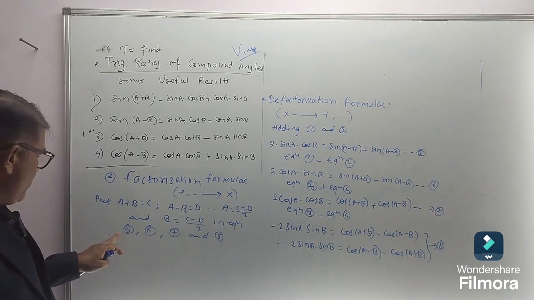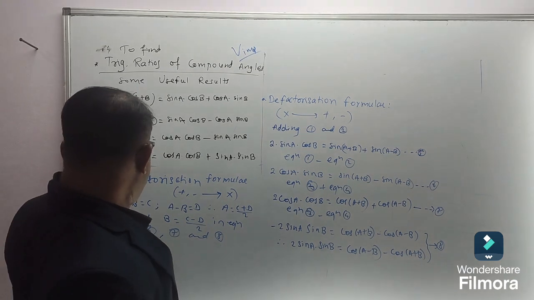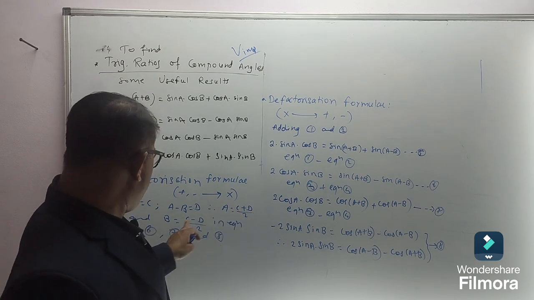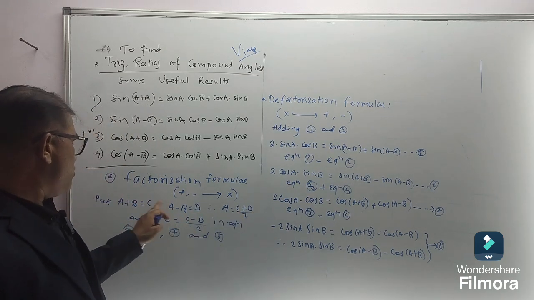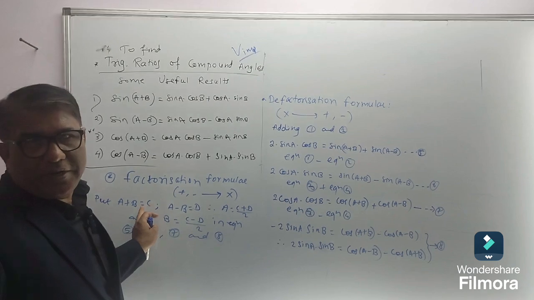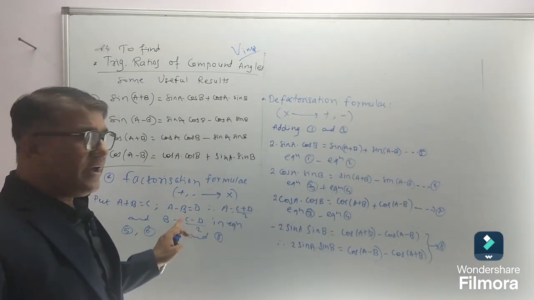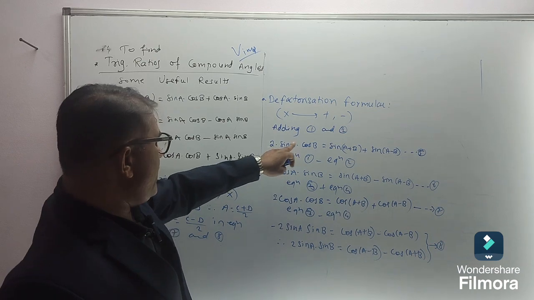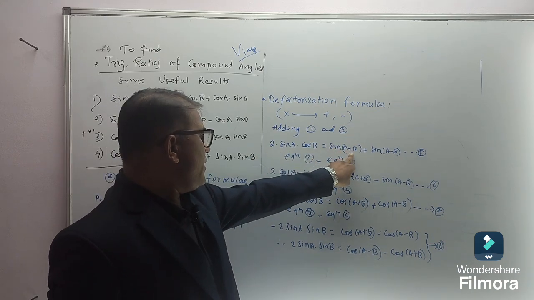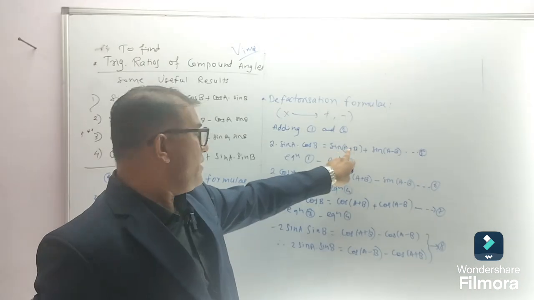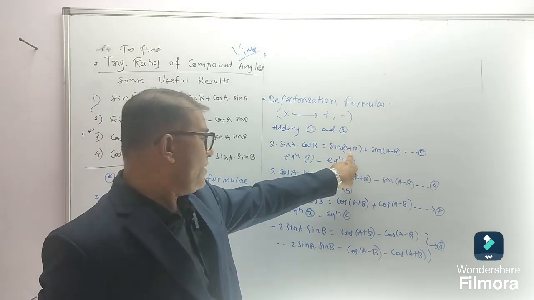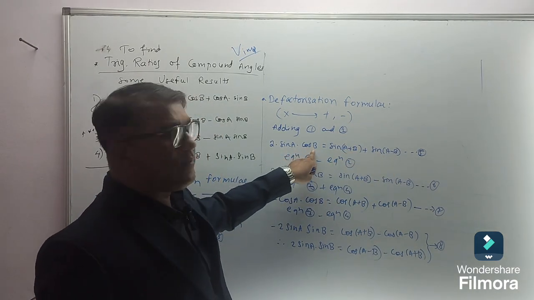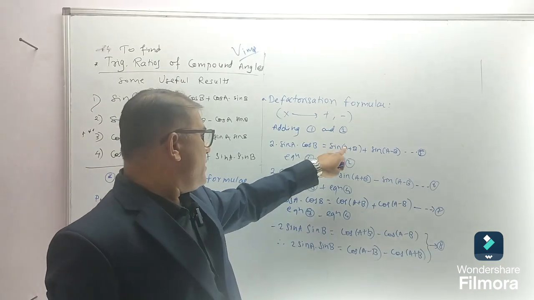Fifth one. A plus B is C, A minus B is D, A is C plus D by 2. Actually, adding these two, I got this. Subtracting these two, I got this. Then applying that, here I am writing first this now. Sin A plus B C, A minus B D, C plus D upon 2, C minus D upon 2.